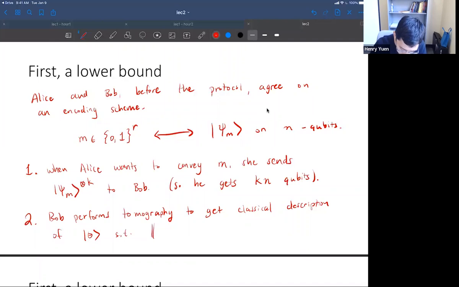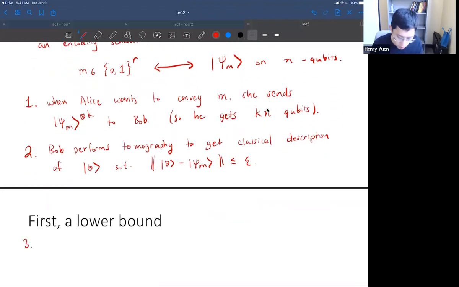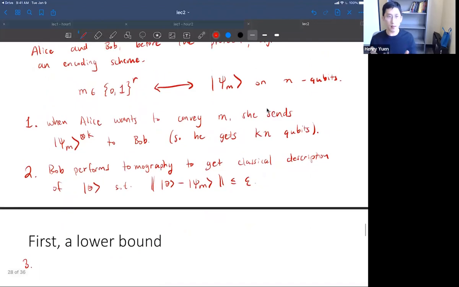such that theta is at most epsilon away from the measured state. What he sees is this theta, and he's just going to go back to this code book and ask, which is the closest psi sub m?